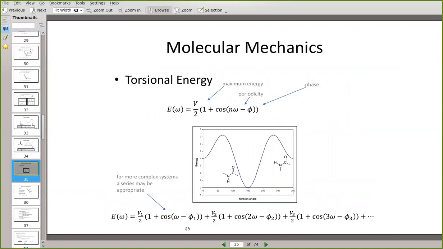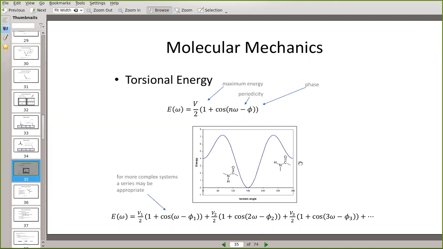An amide is a nice one, which doesn't really follow a cosine graph at all. Have a look at this. You see a cosine goes down to minimum, maximum, minimum, maximum. But with an amide, you've got something slightly different. You've got a higher minimum to a lower minimum to a higher. So you've got a local minimum, the same local minimum, to a global minimum to a local minimum.